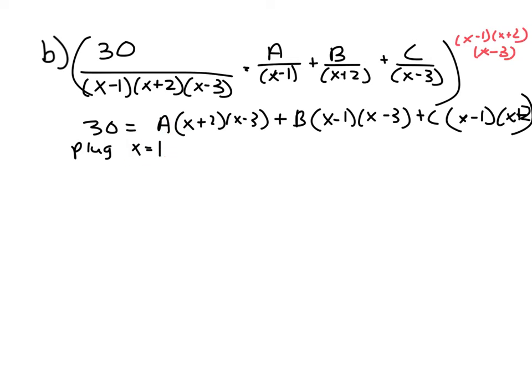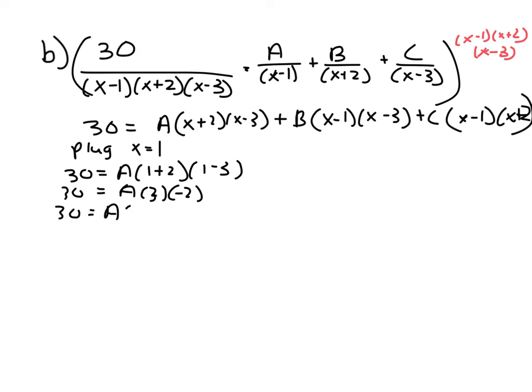So if I do that, I'll get 30 equals A times 1 plus 2, 1 minus 3. 30 equals A times 3, negative 2. 30 equals A times negative 6. Then I'll divide both sides by negative 6, and I'll get negative 5 equals A.